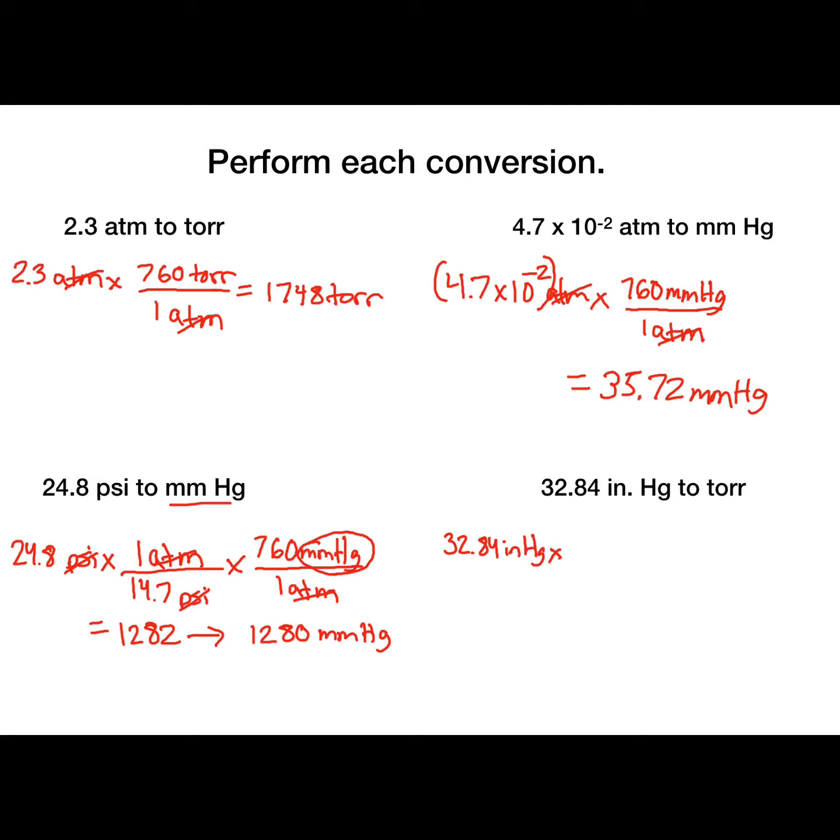And we know that in 1 ATM, there's 29.92 inches of mercury. So 1 ATM over 29.92 inches of mercury times, now we go from ATM to torr. So we know that there's 760 torr in 1 ATM.